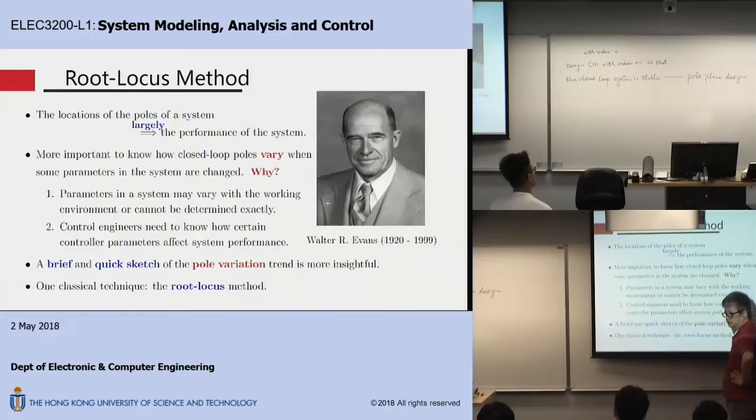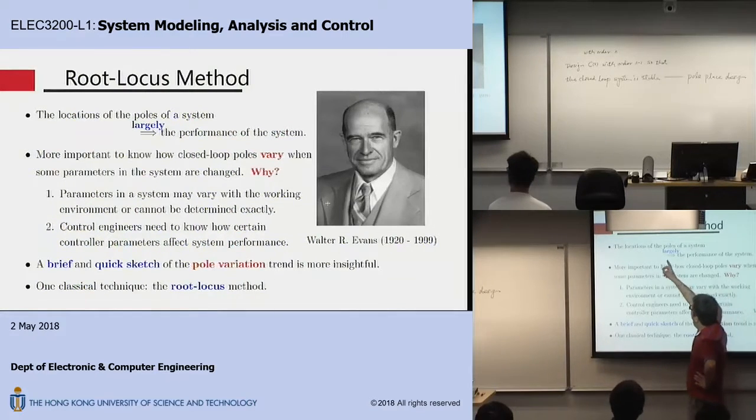Right? We looked at the second order system analysis. We see how the overshoot, for example, is determined by the pole locations. So you have to pay a lot of attention to the pole locations of the closed loop system.